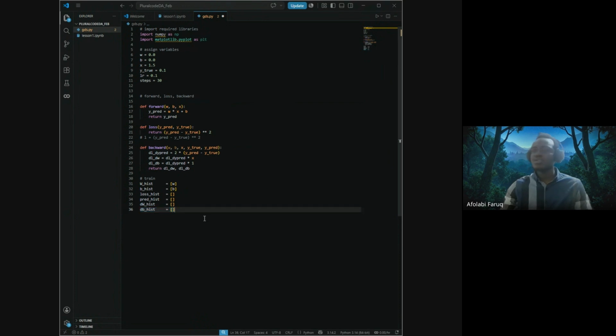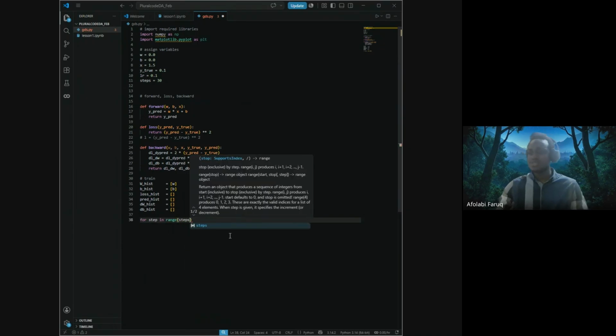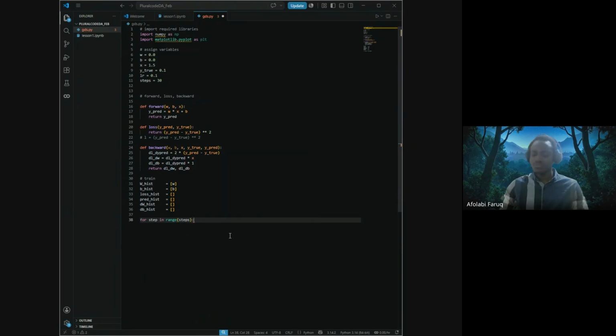The first thing we are going to do is use a for loop to do that. So we have something like for step in range steps. Within this for loop, the first thing we are going to get is the output prediction, y pred.